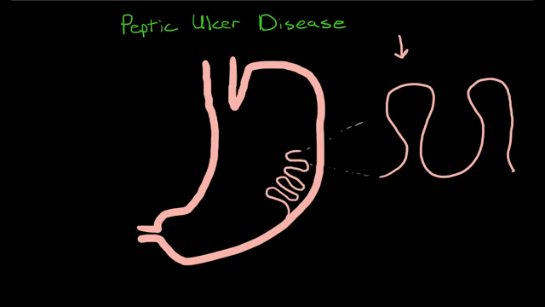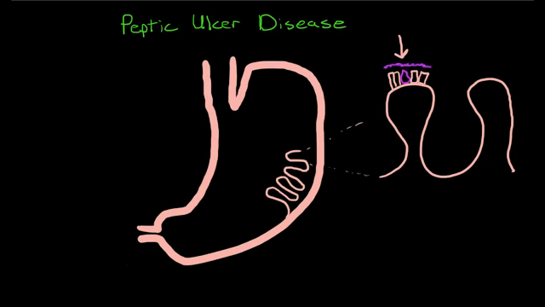Now, on the surface here, we have a columnar epithelium, and the columnar epithelium is interspersed with what are called foveolar cells. The foveolar cells are actually very similar to the goblet cells in the intestines, and their major role, as you might expect, is to produce mucus that lines the stomach.